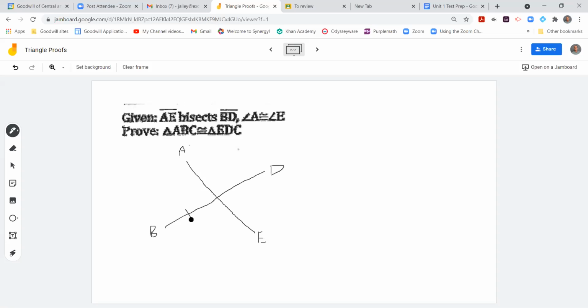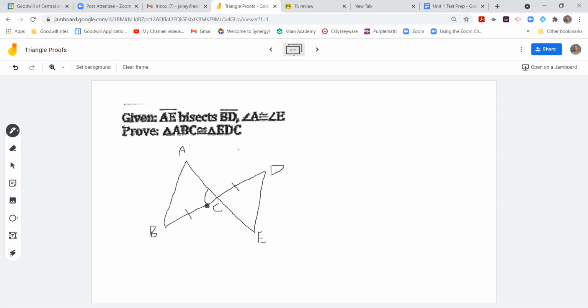Because of the bisection, I know that these two segments are congruent. So this must be point C here in the middle. So I have triangle ABC over here and EDC over here.